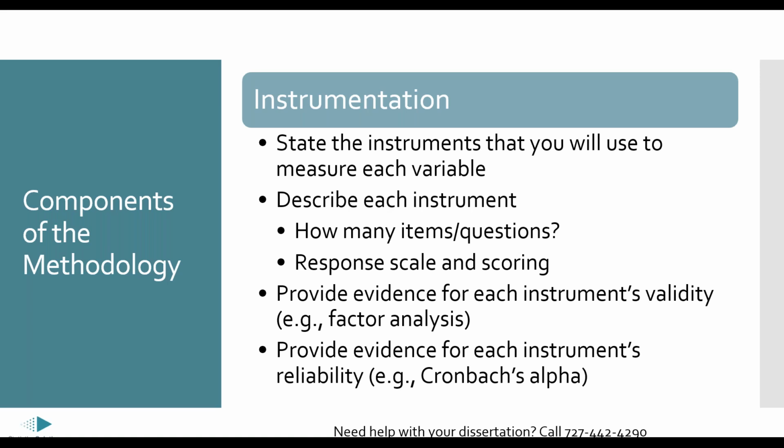Or do they use some other method of responding? And you'll also want to talk about how the instrument is scored. So if it's a 10-item instrument measuring something like anxiety, then you want to be able to say how you're going to take those 10 items and get an anxiety score from that.